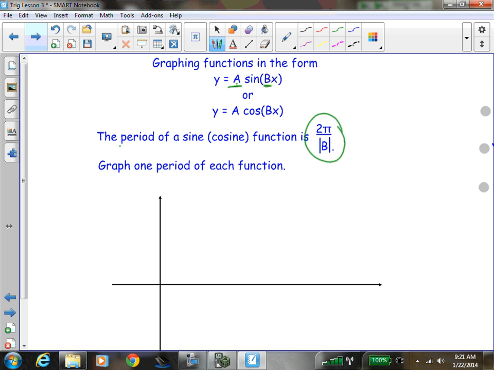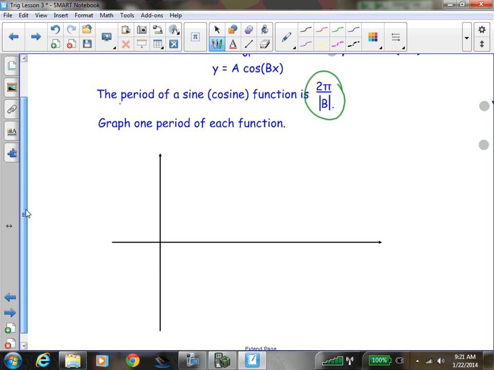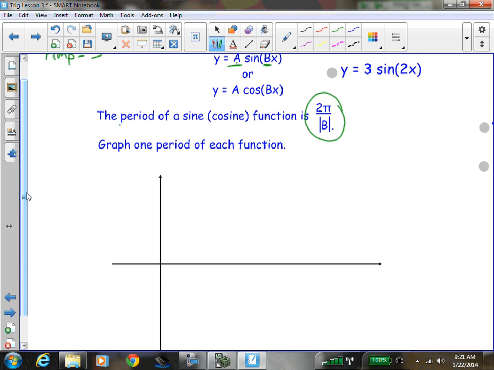Okay, so now we're going to do this little set of problems. So here's the first one. Now the amplitude is going to be 3, just like before. So let me move some stuff down.